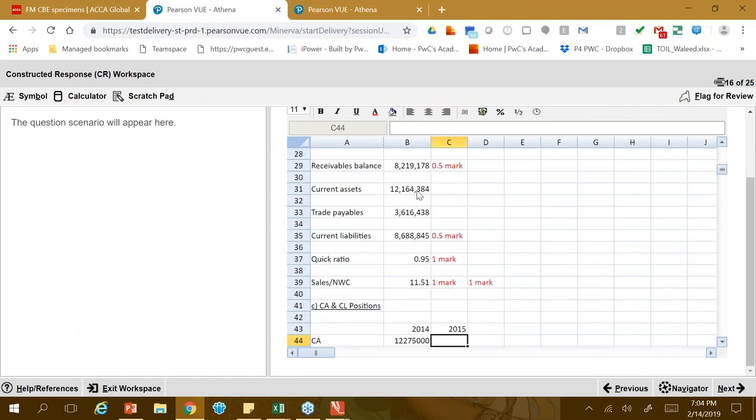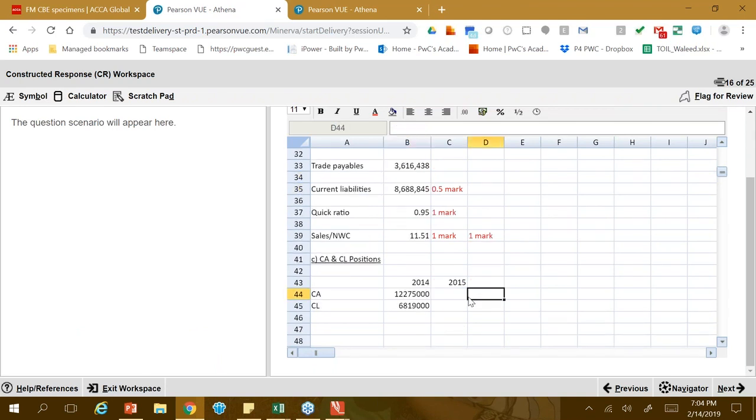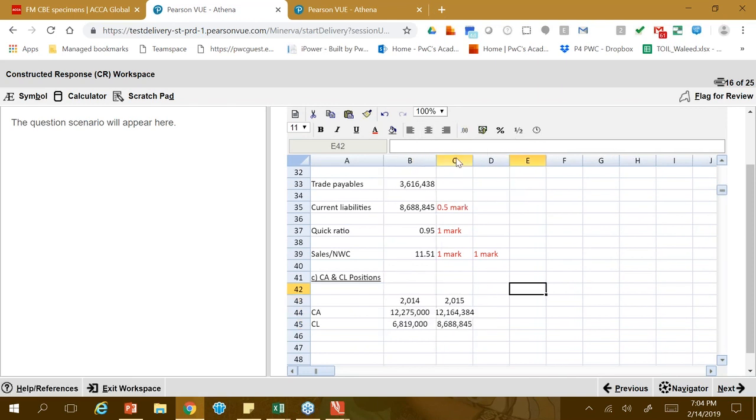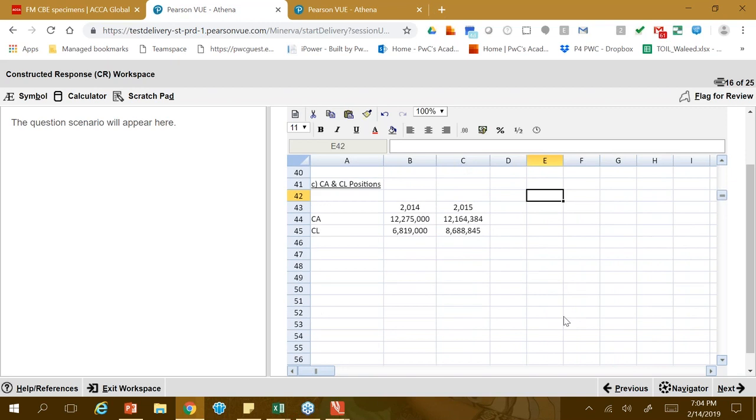So current assets are here, which are in B31, and current liabilities are here in B35. So here is our analysis, or our comparison, basically, of the current assets and current liabilities position, in 2014 and 2015.